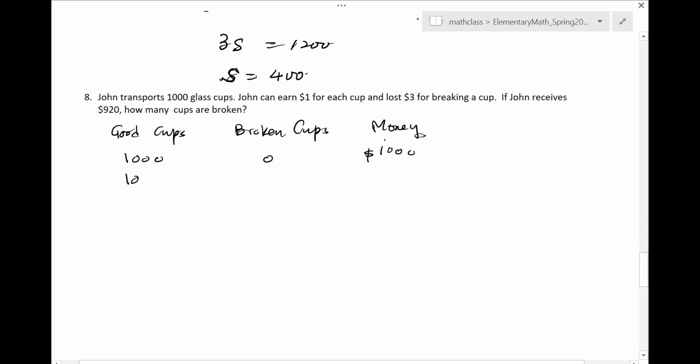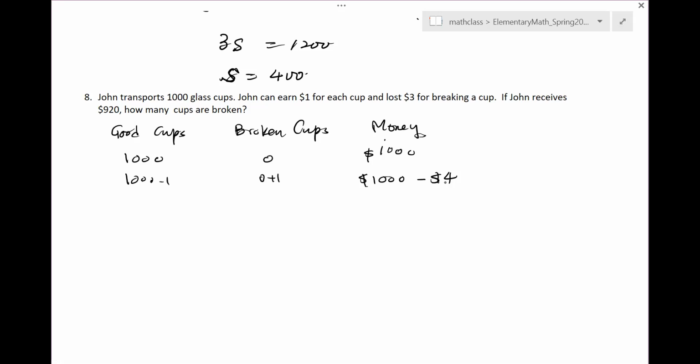So let's decrease the number. We assume that there's one broken. This time the net change will be $4. You know why? Because he makes $1 less, but at the same time he has to pay the $3 penalty. So in total he loses $4. Yeah, minus 1 minus 3, that's why it's $4.